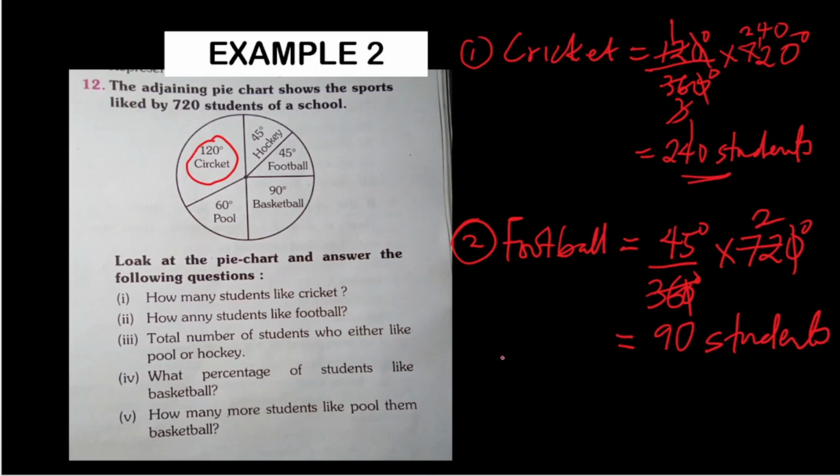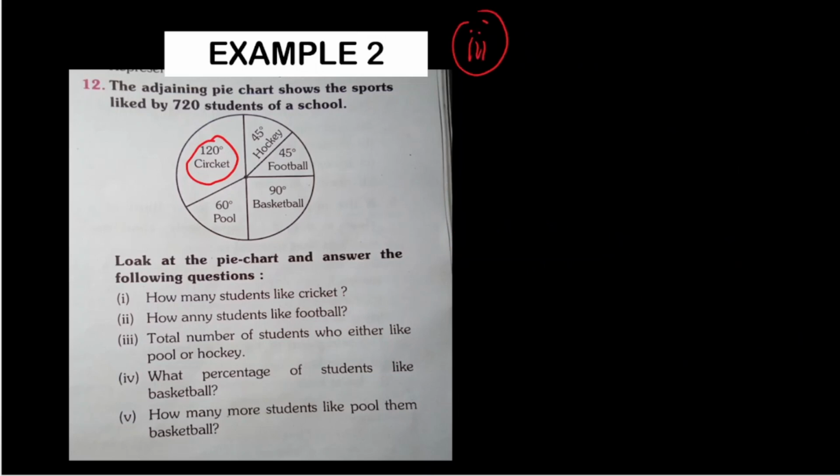Now, the total number of students who either like pool or hockey. So we must find hockey and pool. How do we do that? The third one is the total number of students who either like pool or hockey.